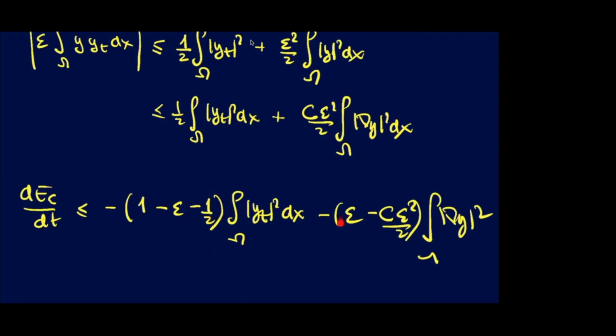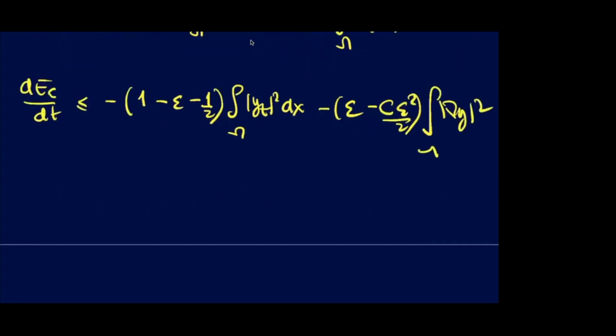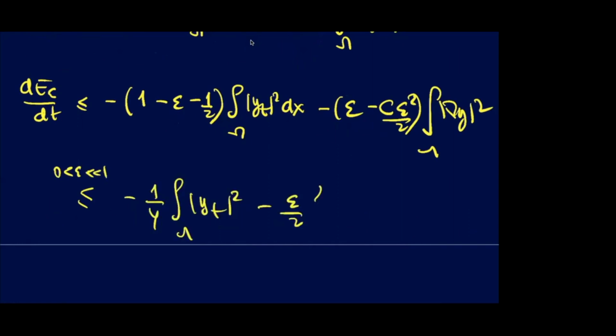And what about this one? Is this positive or not? Well, again, if epsilon is small enough, the quadratic term is negligible in front of epsilon. So for epsilon small, right? If epsilon is small enough, but certainly positive, I can make this to be less than, for instance, 1/4 of the integral of YT squared minus epsilon over 2 the integral of gradient Y squared, right?